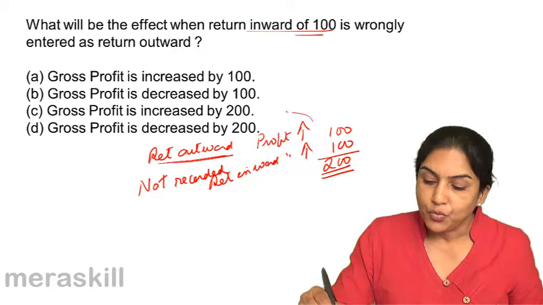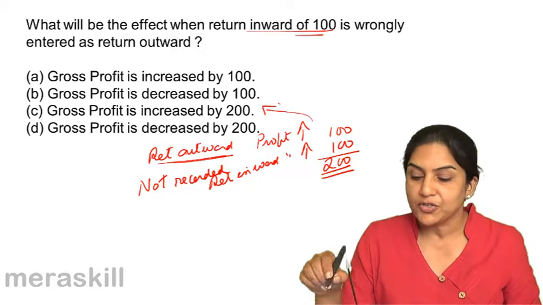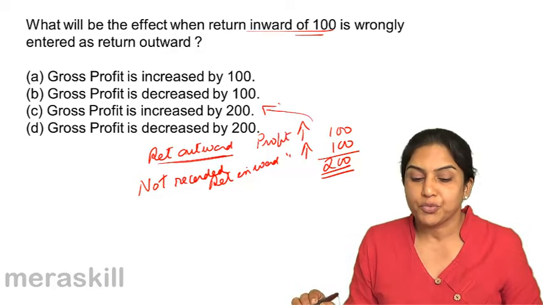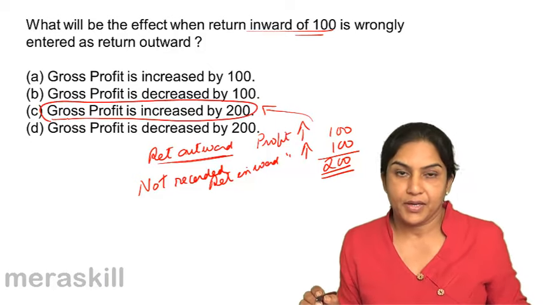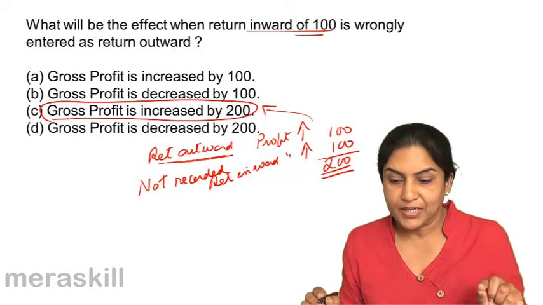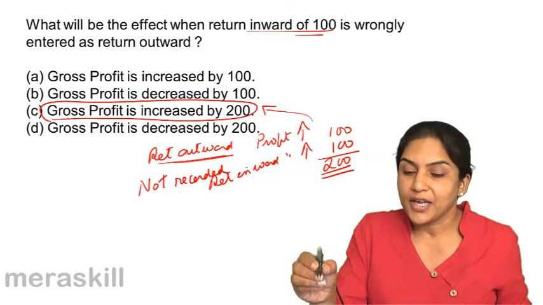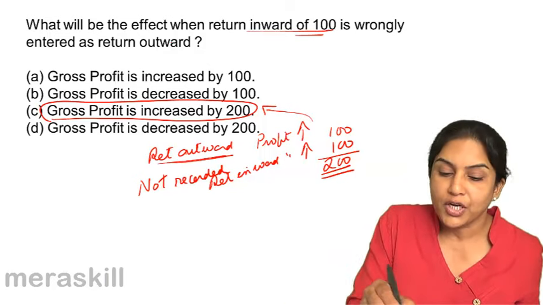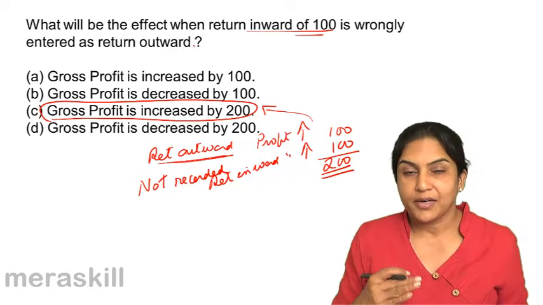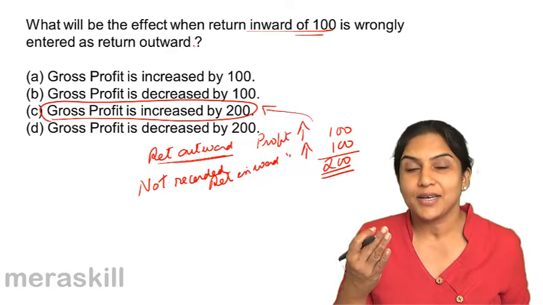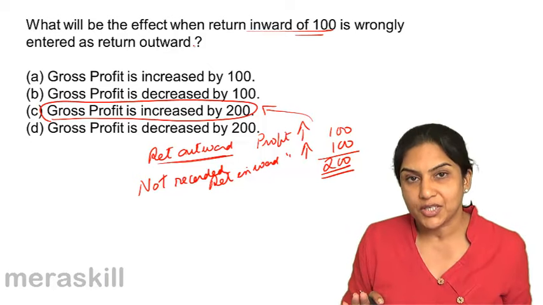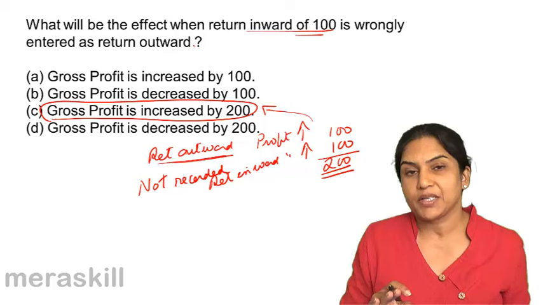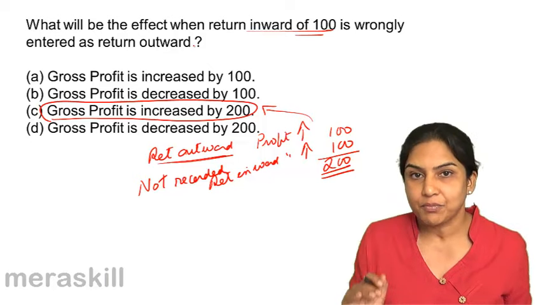Gross profit would, because of this error, show an increase of 200. Let us just repeat this. Return inward of 100 is wrongly shown as return outward. Return outward is an income for me. Income means it's actually a reduction in purchases, a reduction in expense. Therefore, it is an increase in profit.